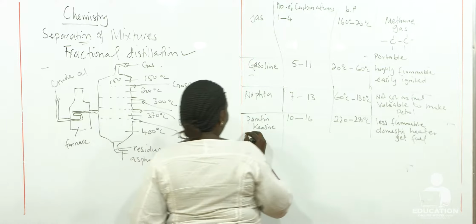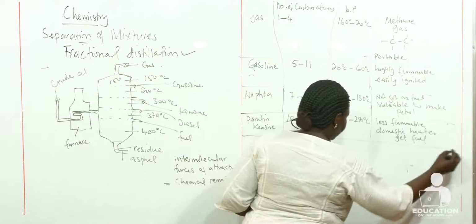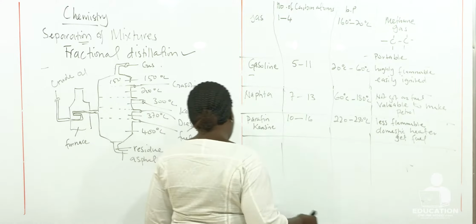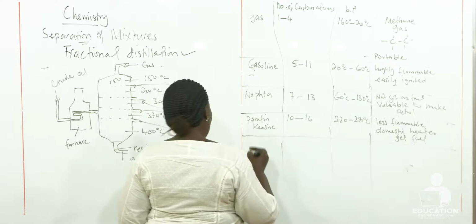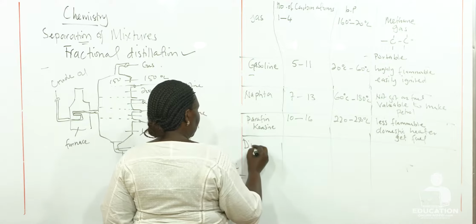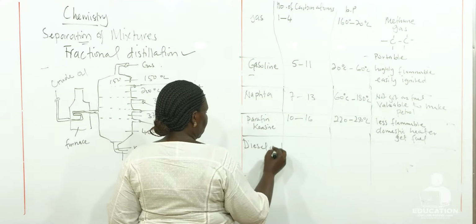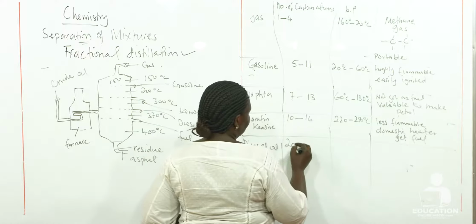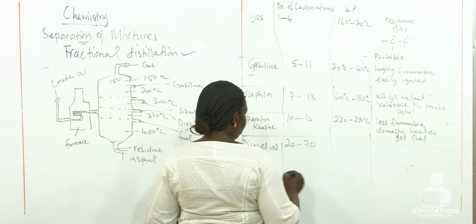Then we have diesel. It is a bit heavy. We have diesel oil or gas oil. It has 20 to 70 carbon atoms.